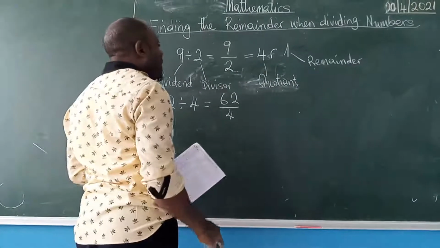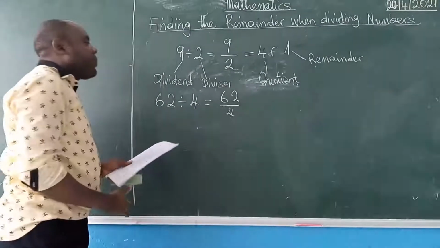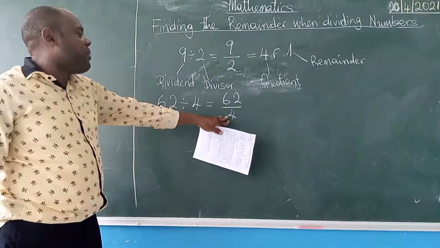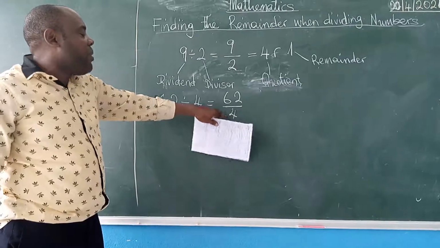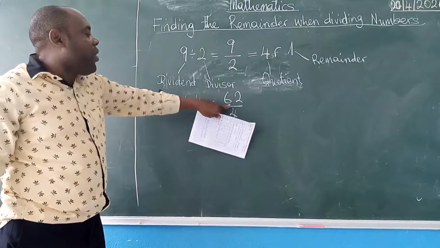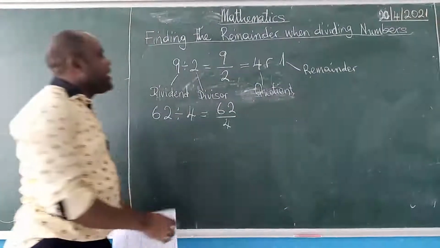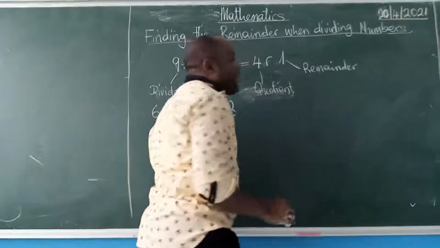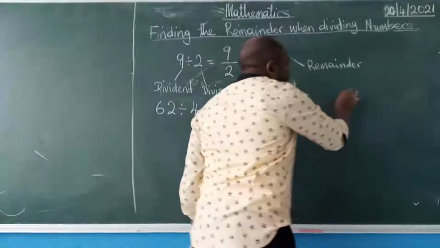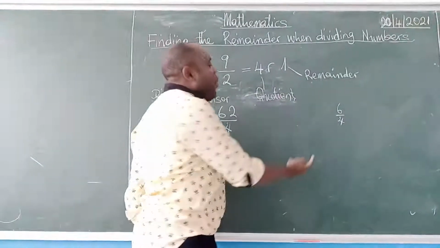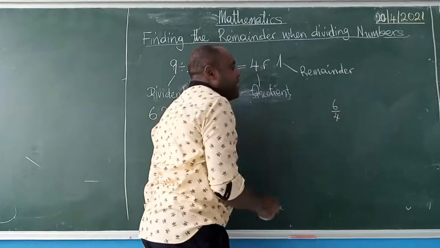There is a method we can use by taking one of the figures and we divide first. So if I want to use that method, I go to my rough work column, I start with 6 divided by 4. So how many 4s are in 6?